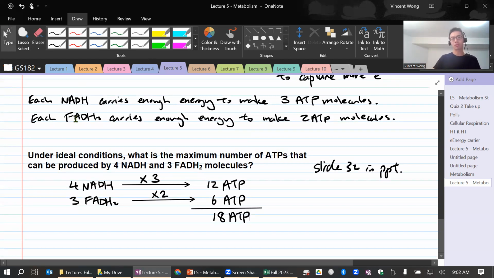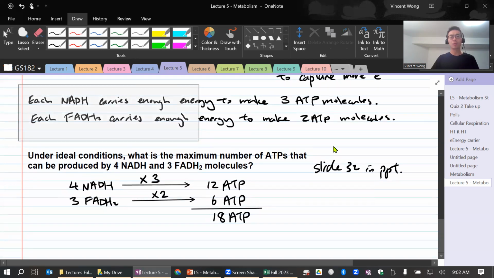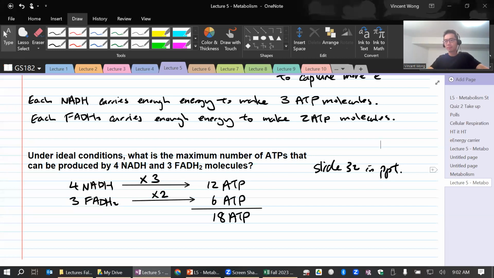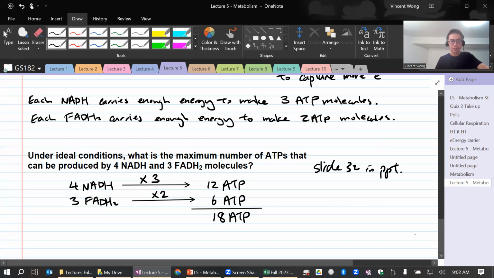FAD doesn't hold as much. So the first one can make 3 ATP each, that's why I multiply it by 3. And the FADH2 can only make 2, that's why I'm multiplying by 2. So these are rules to memorize, how many each one can produce, and then you just multiply accordingly. Does that answer your question, Shayna? Is that okay now? Yeah, all right. I'm sorry, I said your name wrong the first time.